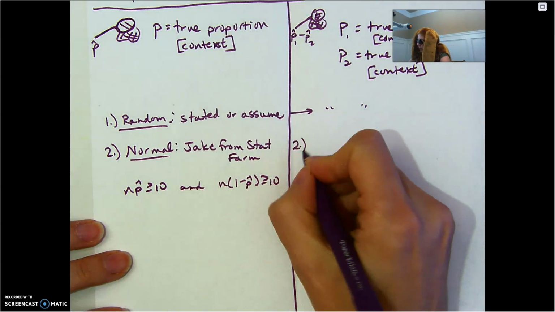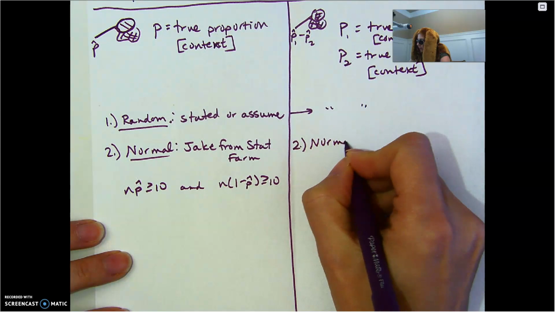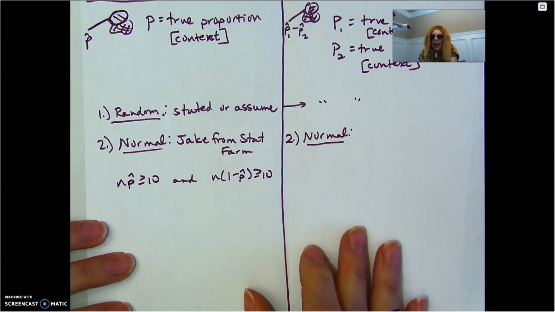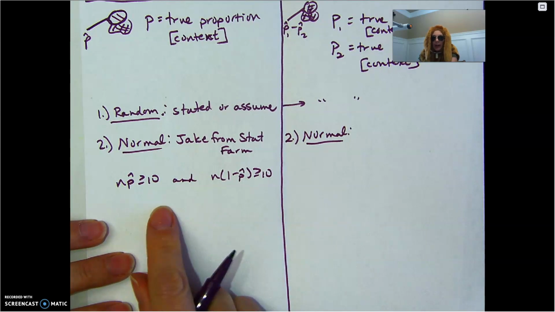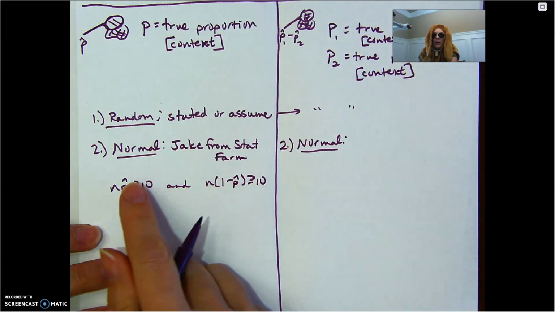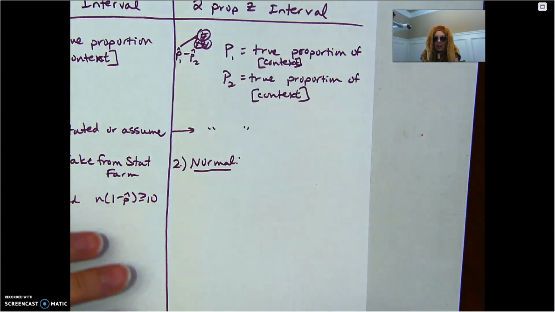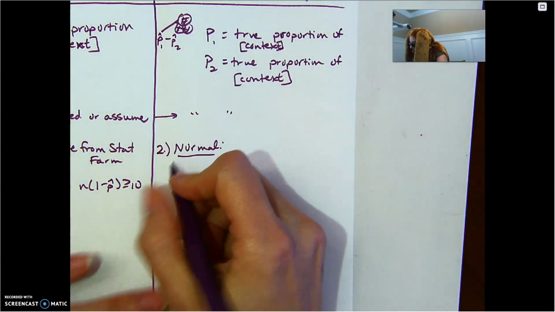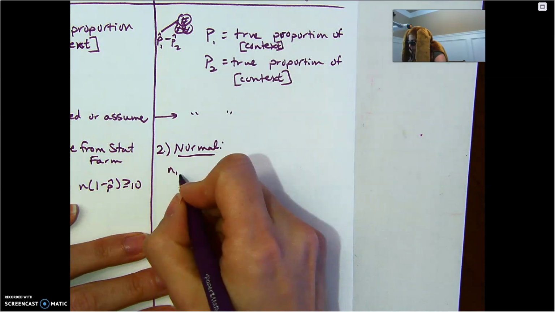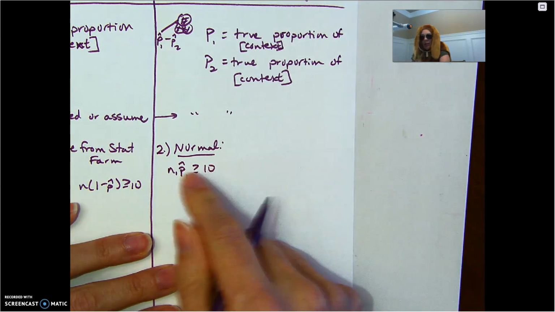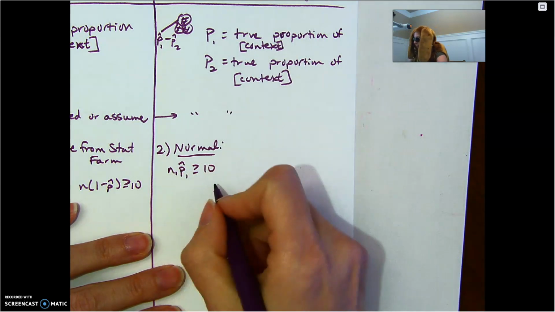For the 2 samples, this is going to be new over here. Your normal check looks very similar, but you gotta do it twice, right? You gotta do this for P1. You gotta do this for P2. The normal check for 2 proportions takes a minute, and it's really annoying, but it's not hard. So you do n1 times p hat 1, make sure that's at least 10, so you want 10 successes in that first group.